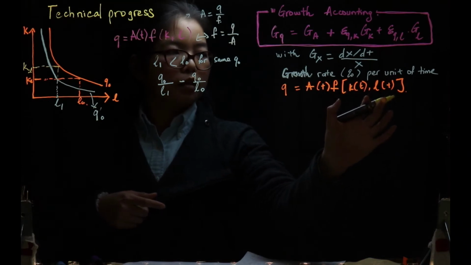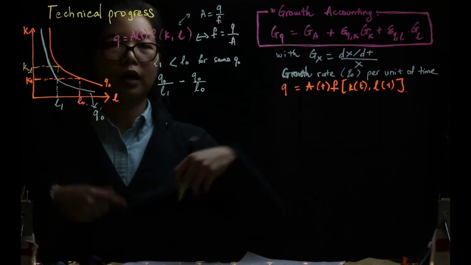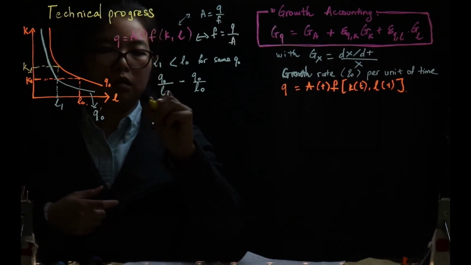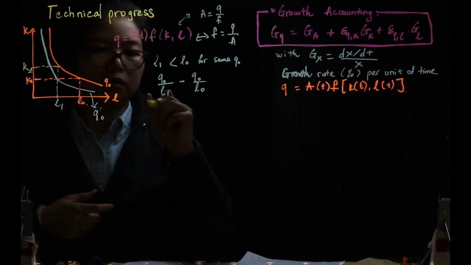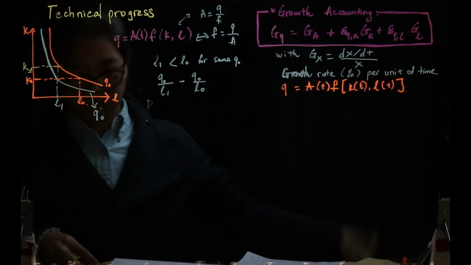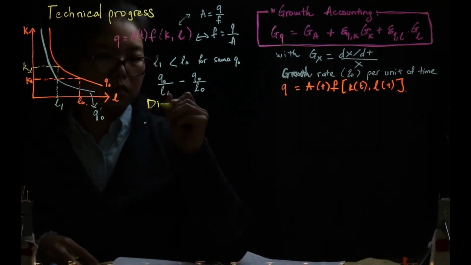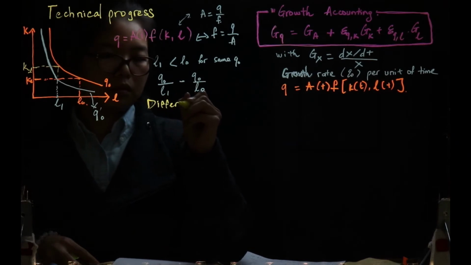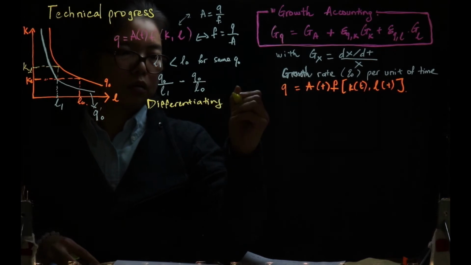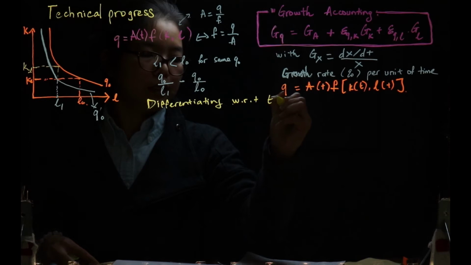Okay, so now let's differentiate this production function with respect to t to see what happens when it changes over t. So differentiating with respect to t.